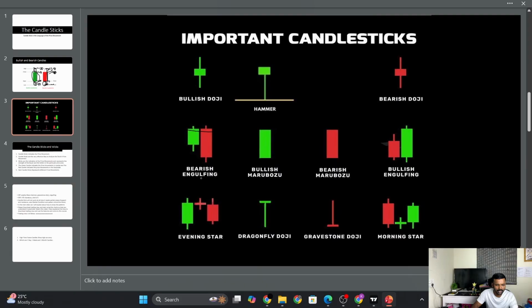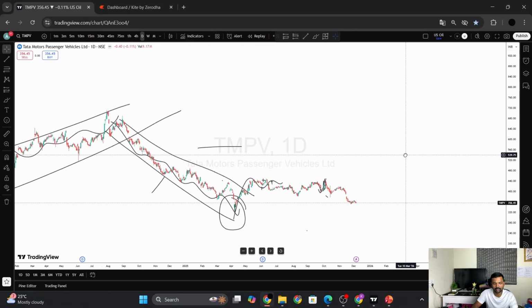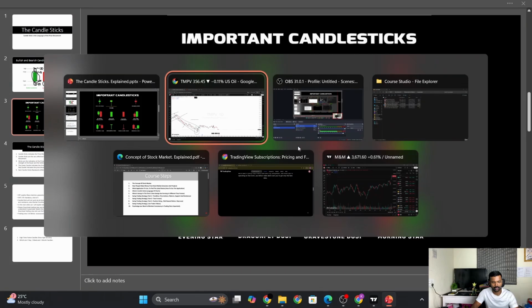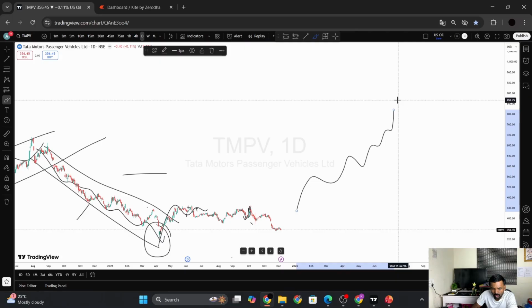So this is bearish engulfing. Okay, I'll tell you. When the price is moving up, there will be a green candle, and after that a red candle which engulfs the green candle.